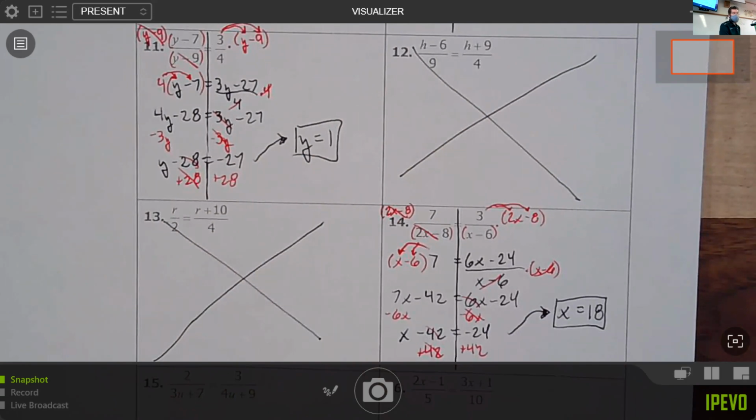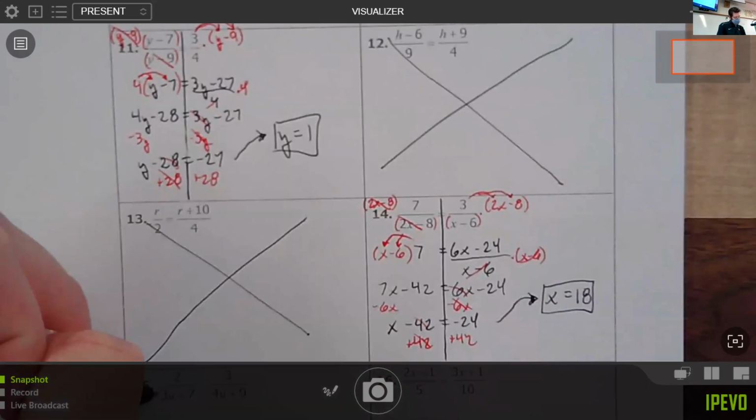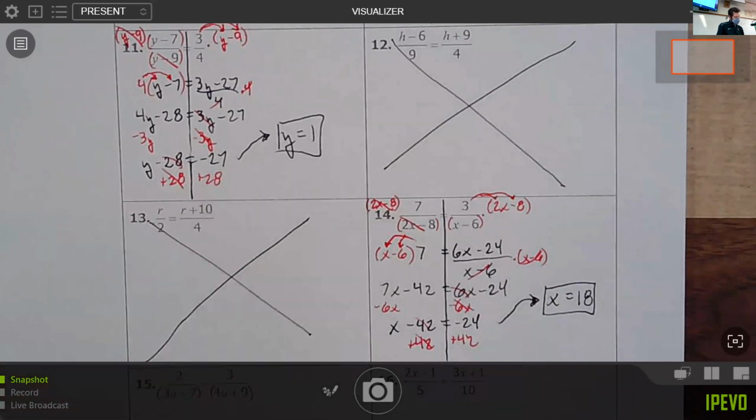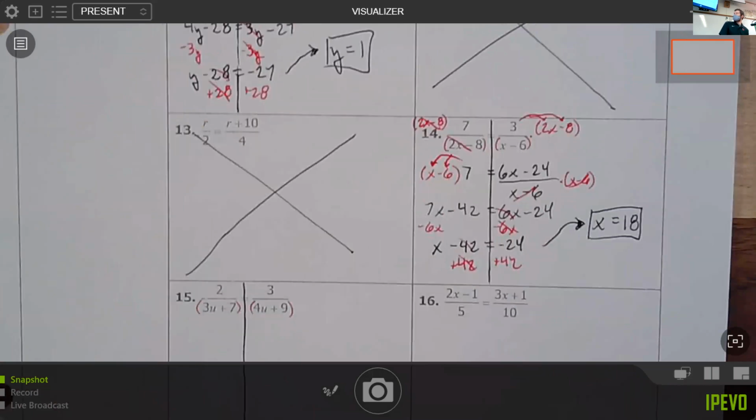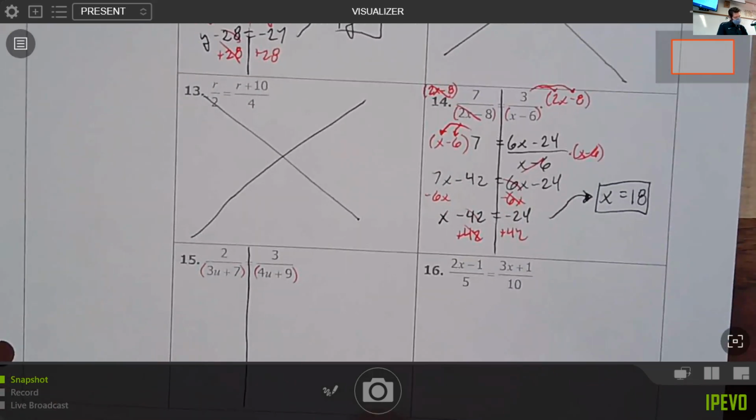All right, 2 more to go. So number 15, multiply both sides by the left denominator, 3u plus 7.